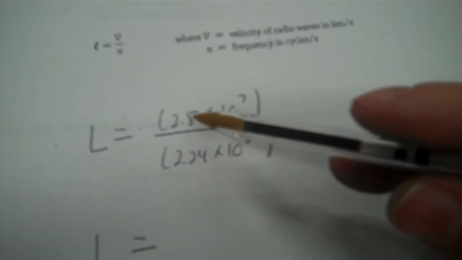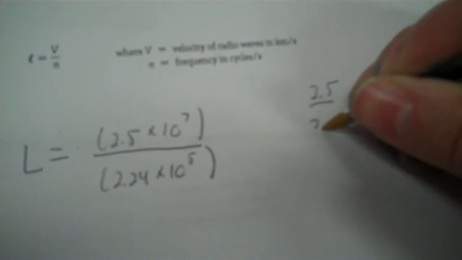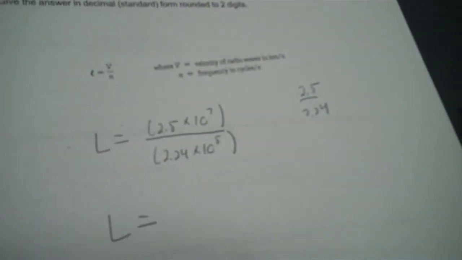Okay, so I go simplify these. Okay, it's division. So again, I take 2.5 divided by 2.24. Again, when you're doing this, go 4 digits out. 1.1160, and that goes to a 1 because 7's bigger, so 1.1161.